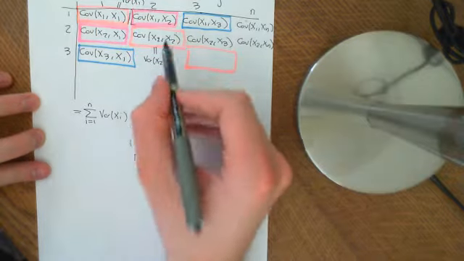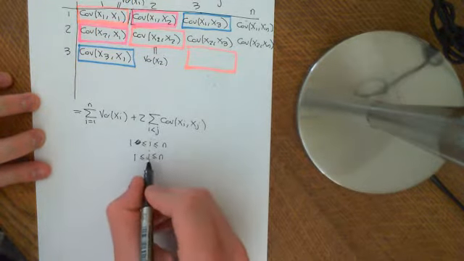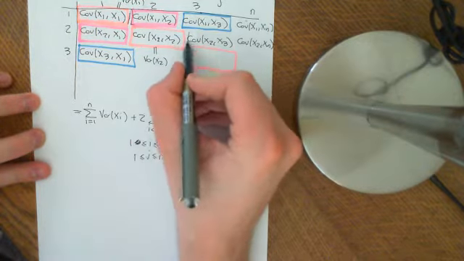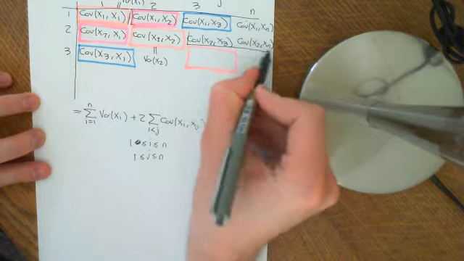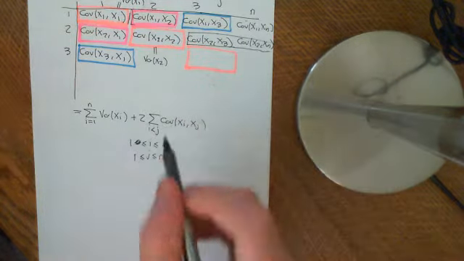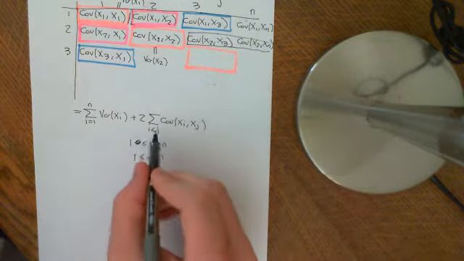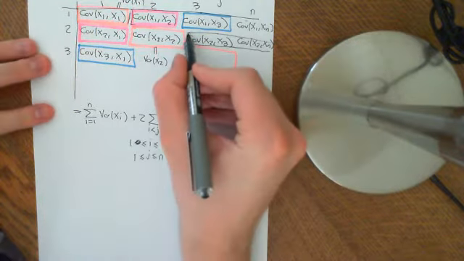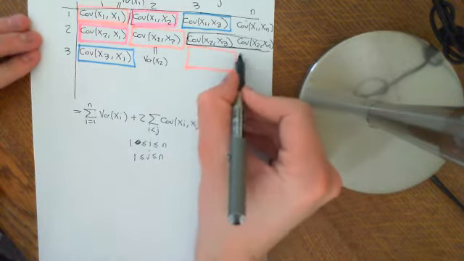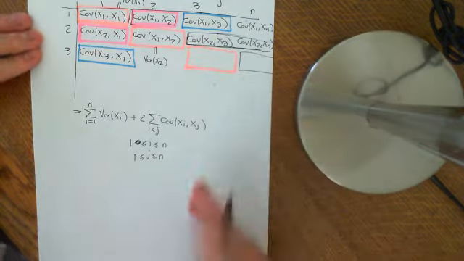But when you get to j equal to 3, this condition is satisfied, 3 is strictly greater than 2, so we do sum up this term here. And we go on, because all the terms after that, 4, 5, all the way up to n, do satisfy that. So I hope you get the pattern now: this is just saying, sum up all of these terms that are to the right of the diagonal term.